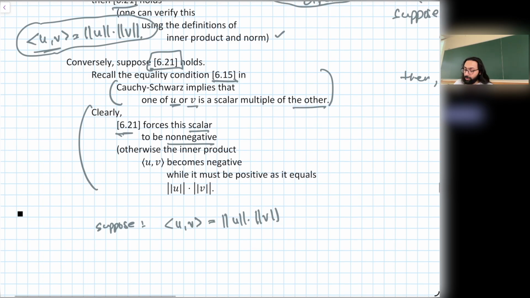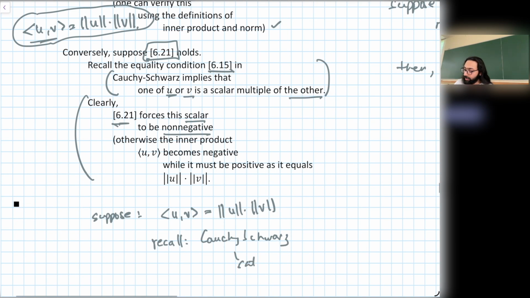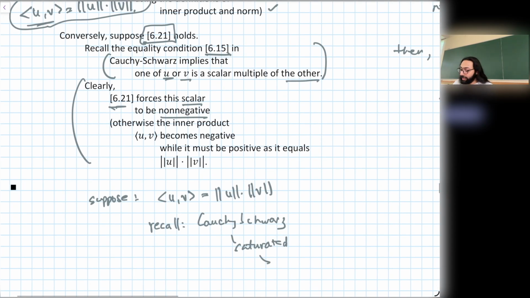Okay. So now what we're going to do is recall what Cauchy-Schwarz told us. Cauchy-Schwarz is saturated, meaning the inequality is an equality, when the vectors U and V are scalar multiples. This we proved a few minutes ago.